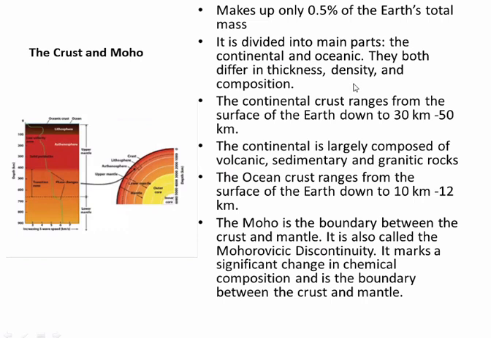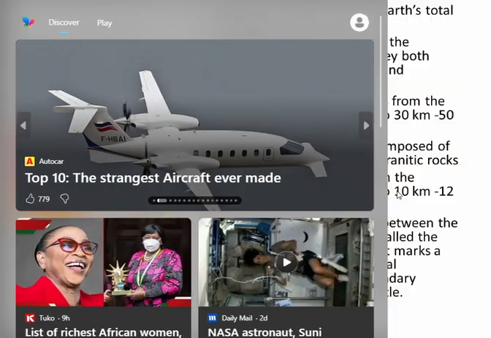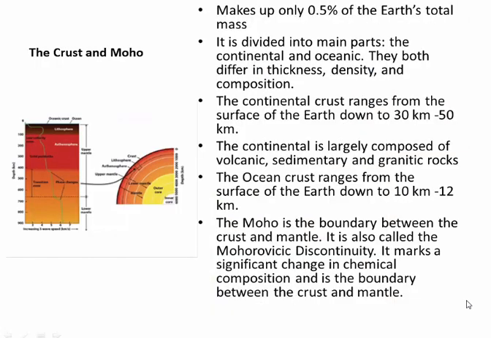We talk about the Moho. There are two hypotheses that show that it is made up of two main parts. What are these hypotheses?